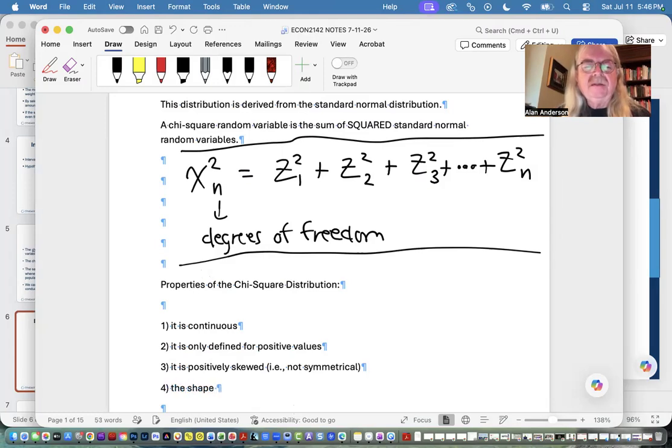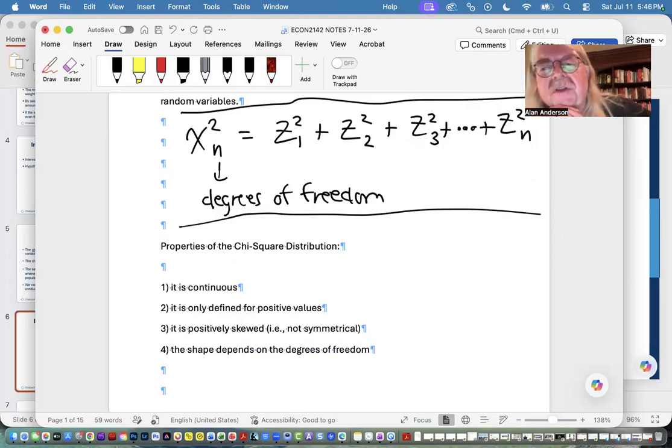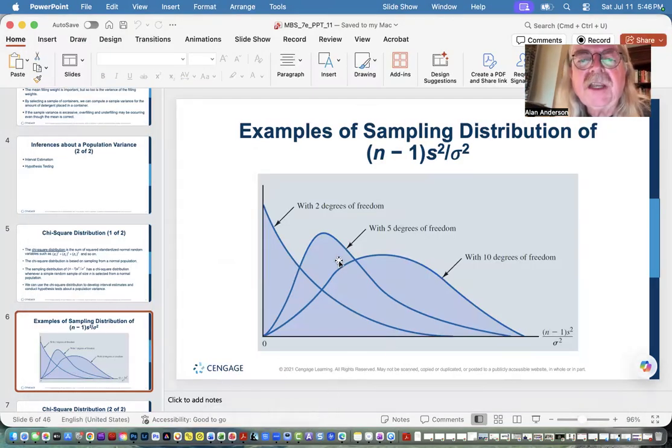The shape depends on the degrees of freedom. I guess, but that's true for any distribution that's characterized by degrees of freedom. But still, as you saw here, the shape does depend on the degrees of freedom. As we keep increasing the number of degrees of freedom, the curve keeps shifting to the right, and it looks a little bit more like the normal distribution, except that it does not have any negative values.